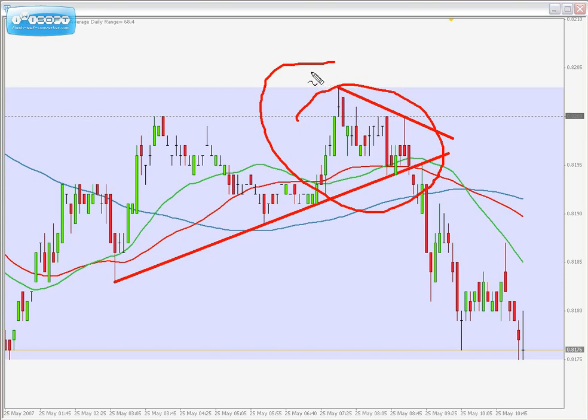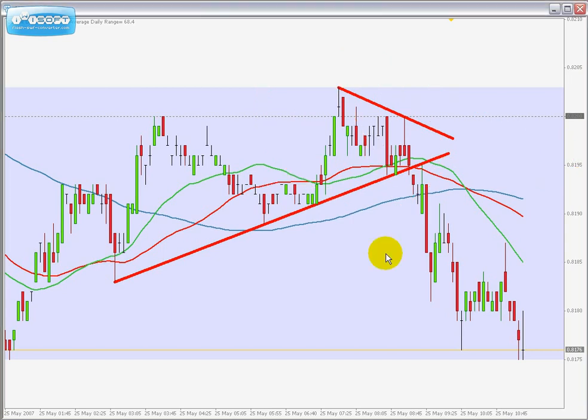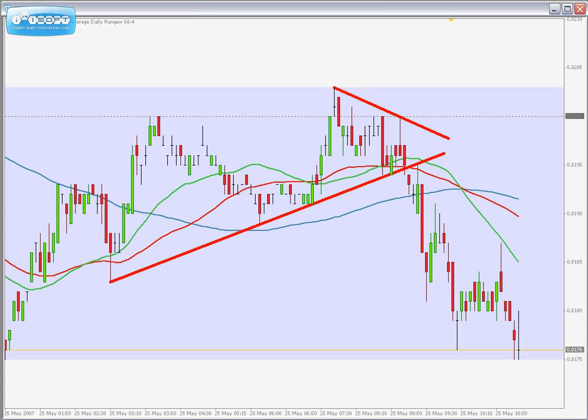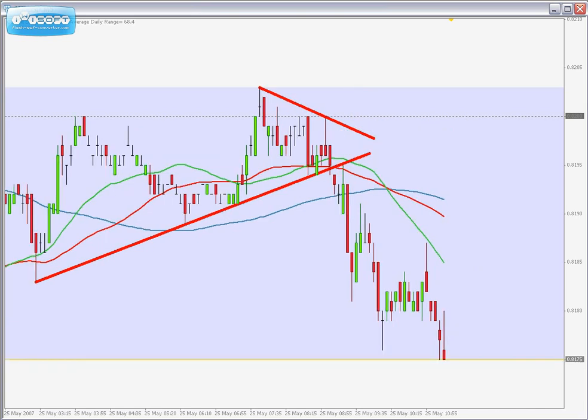When we reach the area of dynamic support and resistance, the price in the trigger chart forms a triangle, and the breakout of that triangle in the direction of the main trend, meaning a breakout to the downside, gave a very nice opportunity to enter the trade.